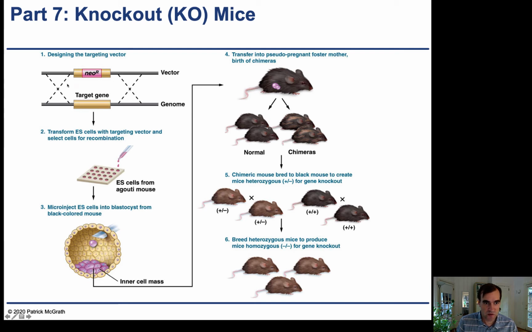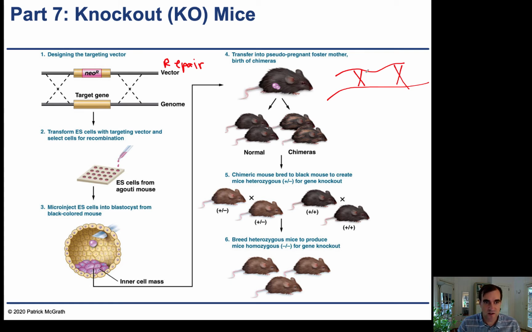The way you do that is in part that you design a vector. So this is a repair vector. You should think back to the work done in Chapter 6 on bacteria, where you incorporated an exogenous piece of DNA, either through transduction, conjugation, or transformation, and that was able to exchange itself with the chromosome to modify the host chromosome.